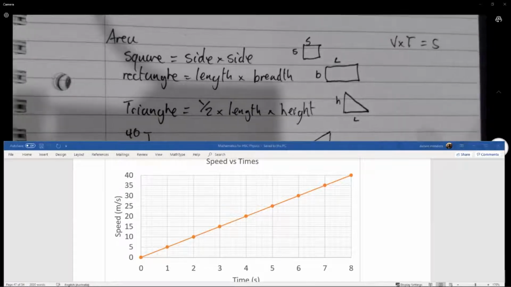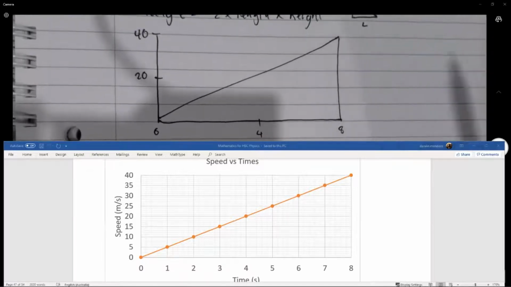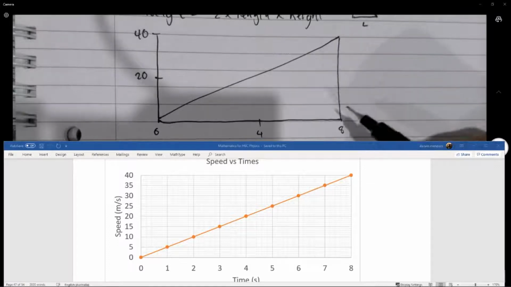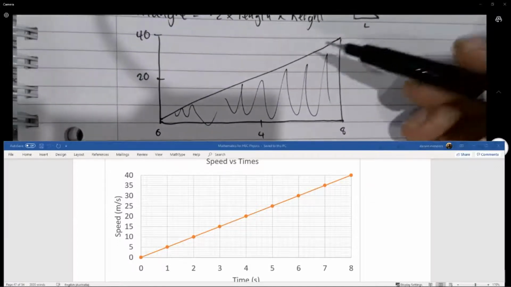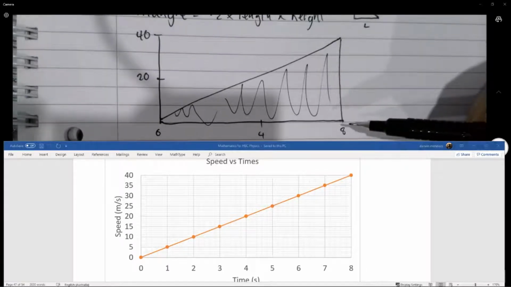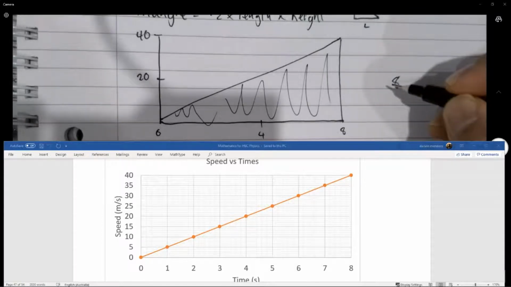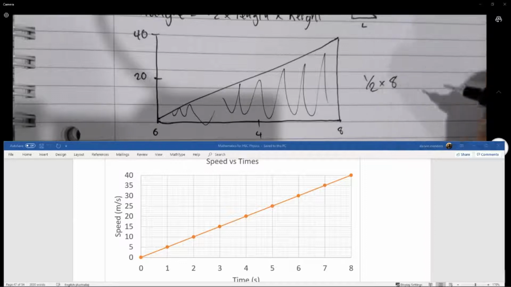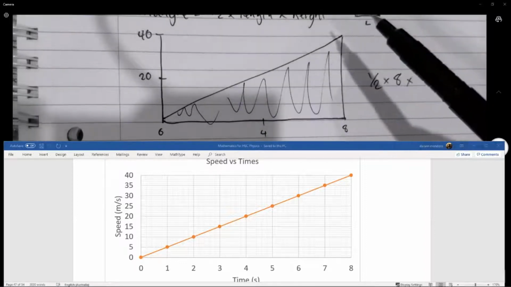So for this graph, you can see that I can create this triangle. This triangle here is given by the length 8, and I'm going to multiply that by half, and I can see that the height is a value of 40.